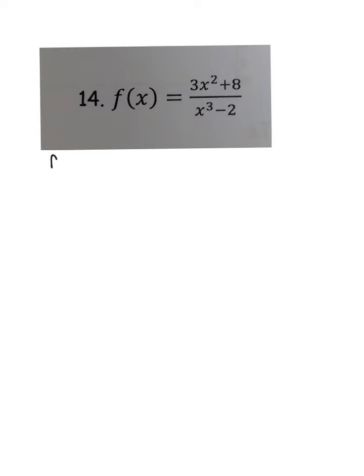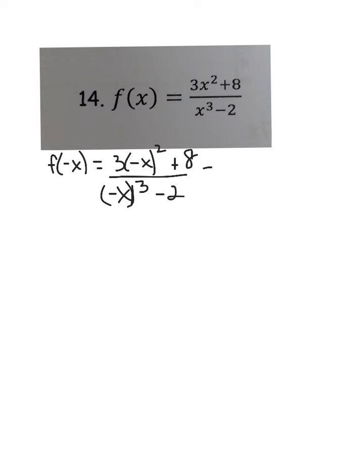Now, let's do the same thing with number 14. Okay, so I'm going to start with the even rule. So I'm going to do f of negative x. So I've got 3 times negative x, that quantity squared, plus 8. And then in the denominator, negative x, that quantity cubed, minus 2. Okay, that's a parentheses. All righty, so let's see what we have here. So I've got a 3x squared in the top.